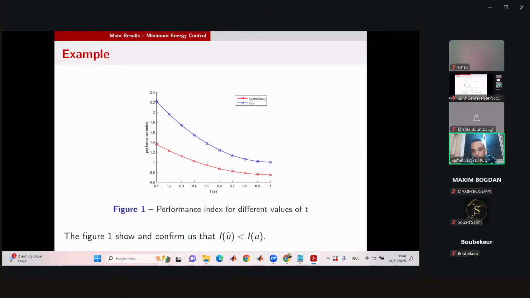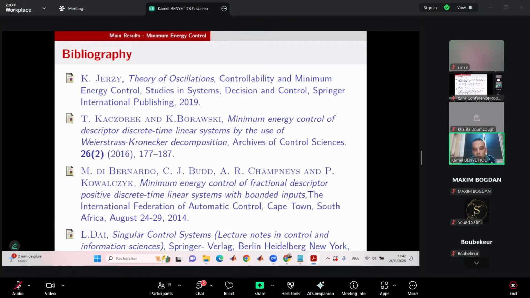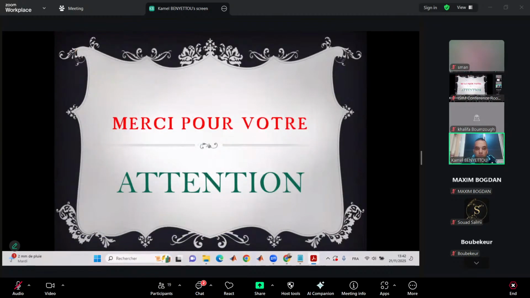So this figure 1 illustrates and confirms the applicability of our techniques and methods. And here is some bibliography and related papers and books, mainly by Professor Tadeusz Kaczorek and some other scientific research. And thank you for your attention.